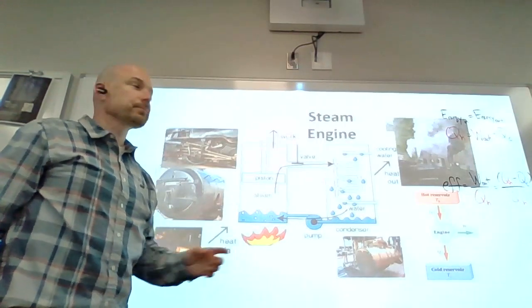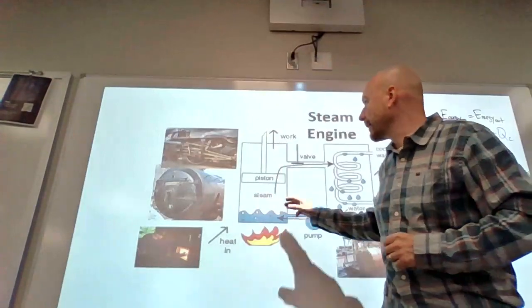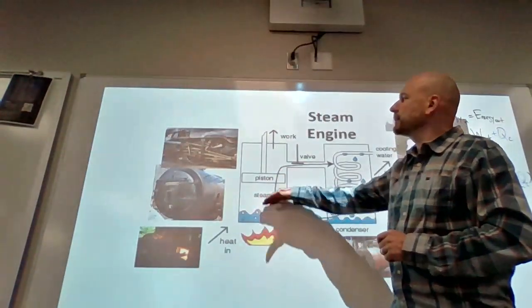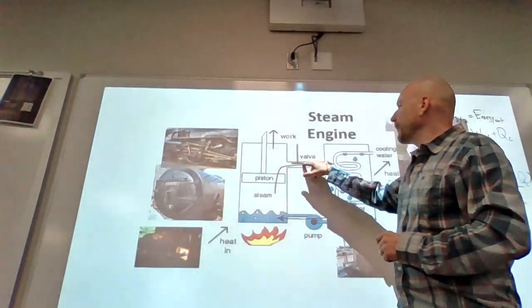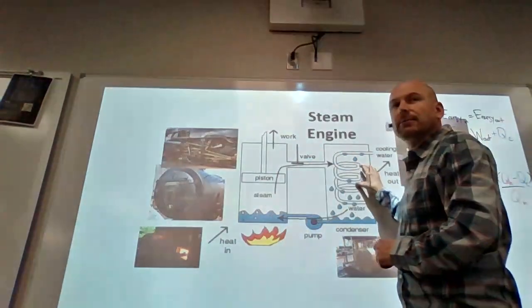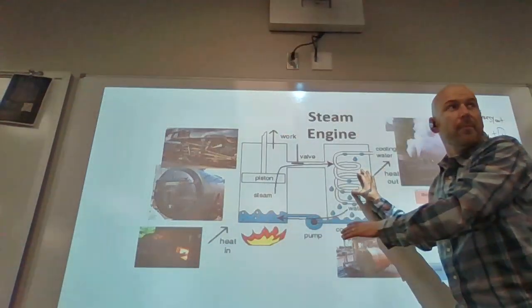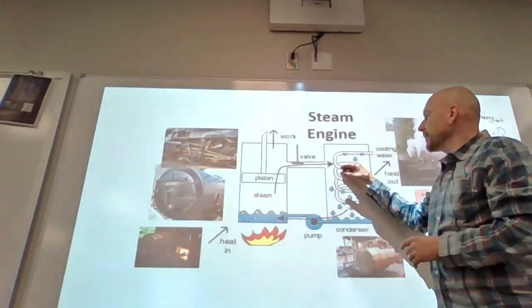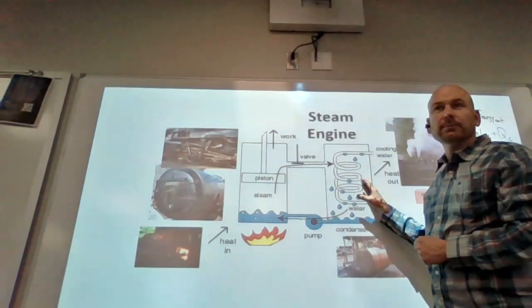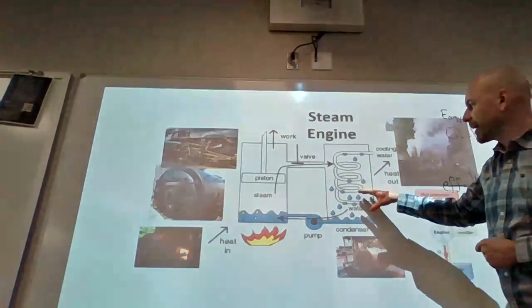Okay? Now, each time it shoots back, after it's expanded, a valve is open and lets that steam out. And then this can fall back down. That steam is let into a condenser that cools that steam down.